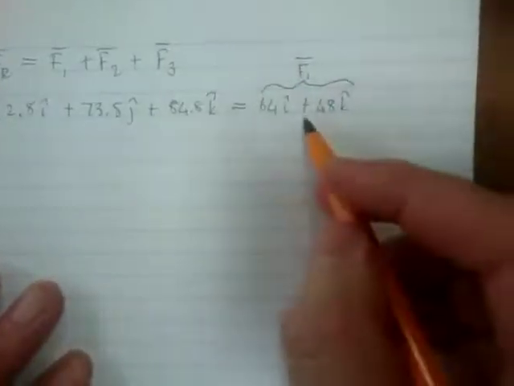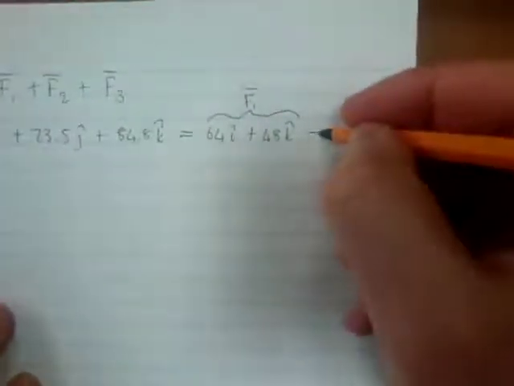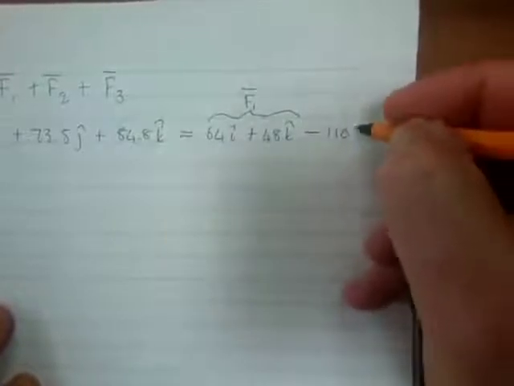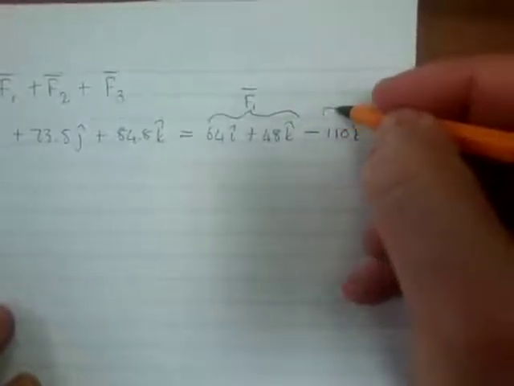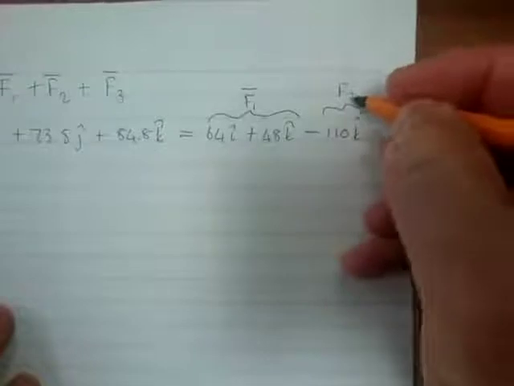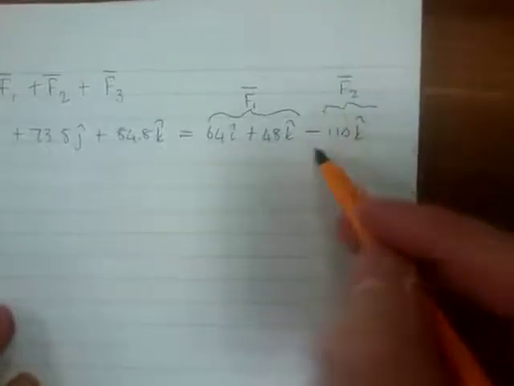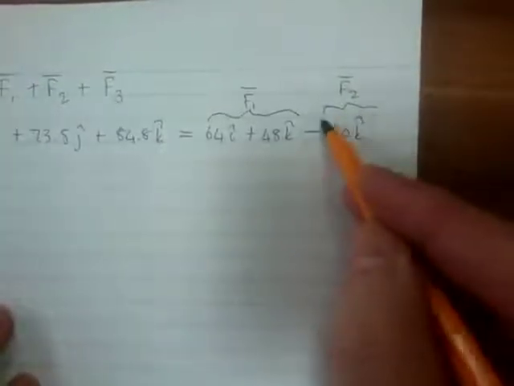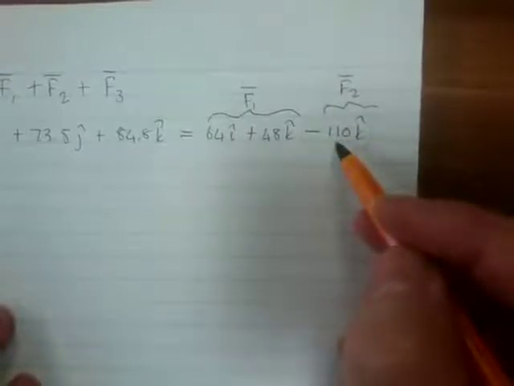Remember, the j component is 0. Then minus 110k. That's my F2, which has no i and j component.